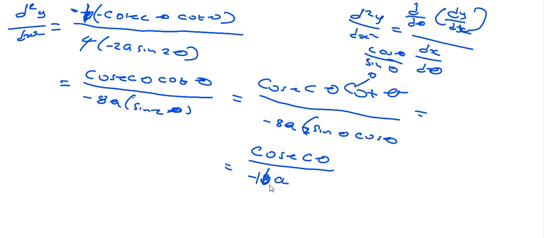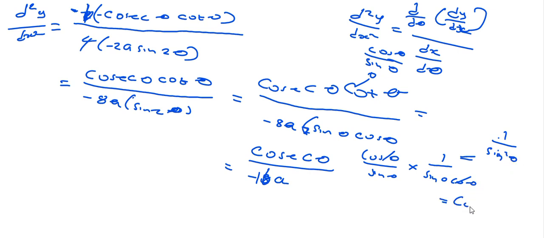It's going to be negative 16a, and then we're going to have cos theta sine theta times 1 over sine theta cos theta. These two are going to cancel, and then we're going to be left with 1 over sine square theta, which is still the same as cosec square theta.